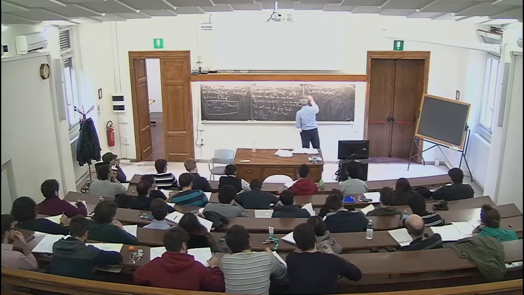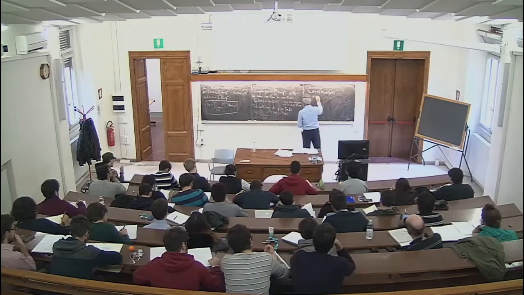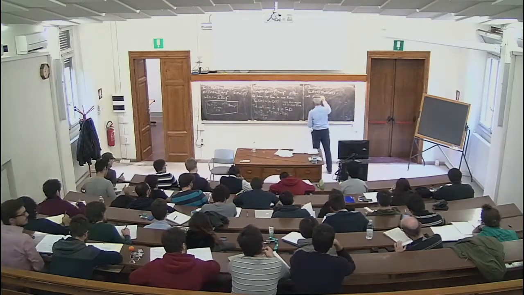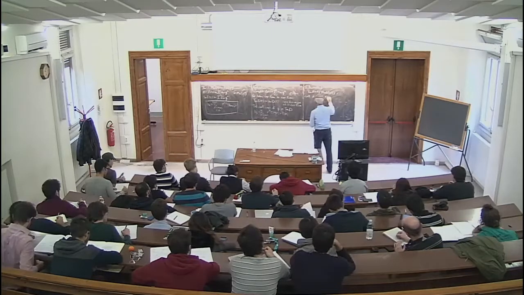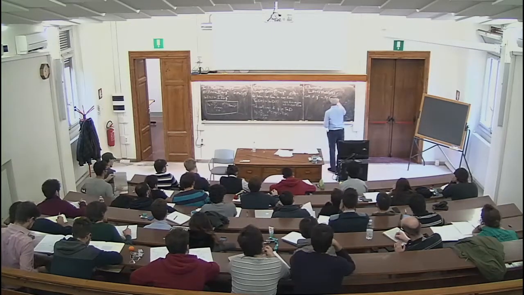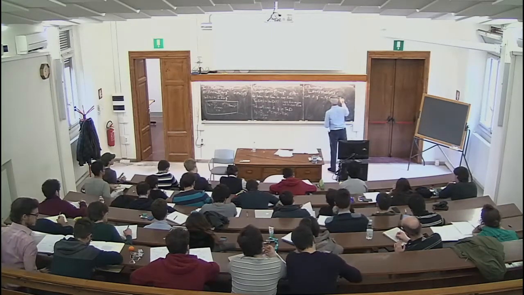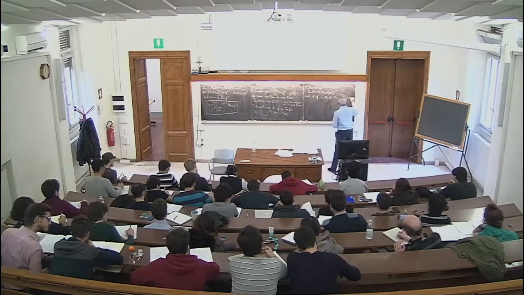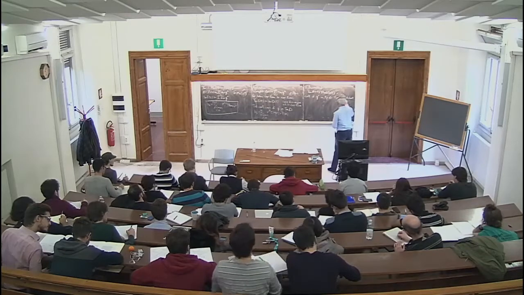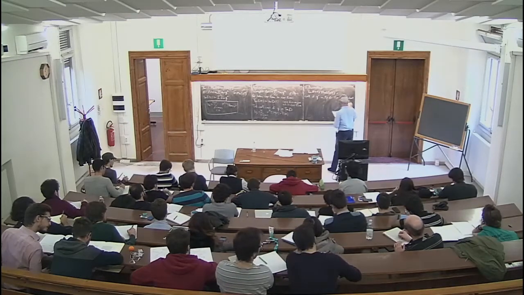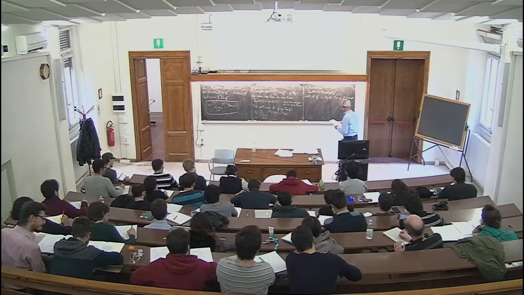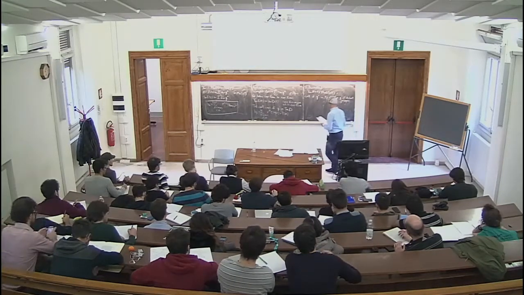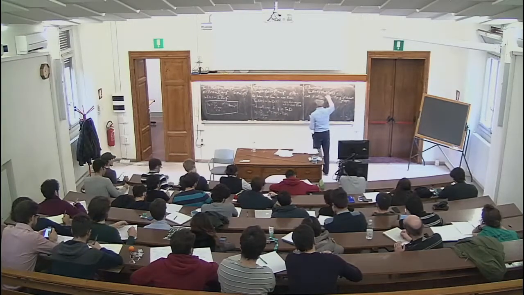If we look at the coefficient of q to the q prime in T_p prime of delta, for q prime and p prime distinct primes, then what do we get?